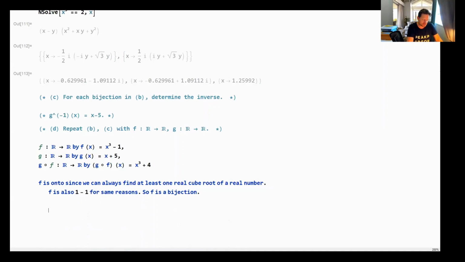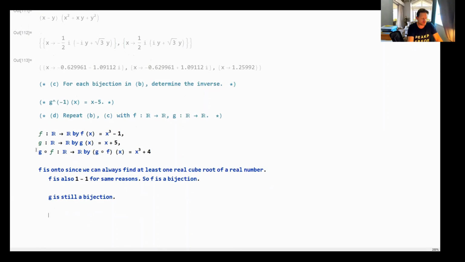All right, now g was a bijection before, and so g is still a bijection when we change the sets. Now with g compose f, this one is one-to-one, as it was earlier, but now is also onto, right?